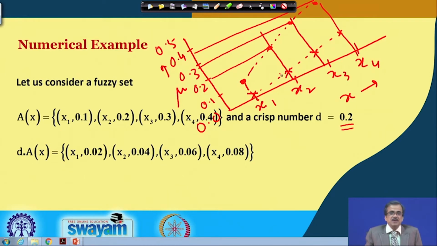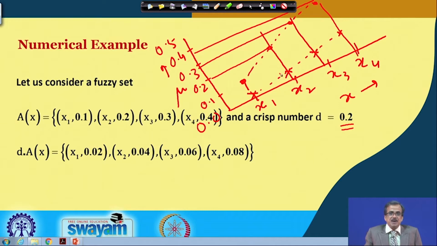Now, remember one thing: this concept might be required if you want to optimize the shape and size of the membership function distribution. Initially, we assume some membership function distribution, but we do not know whether that is the correct one.